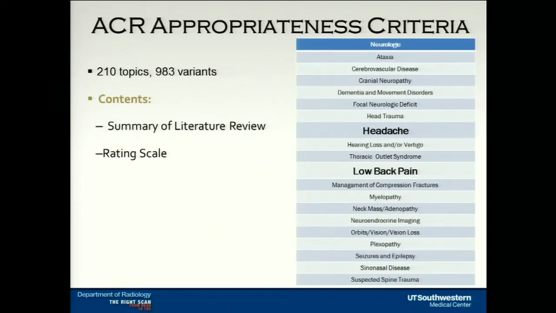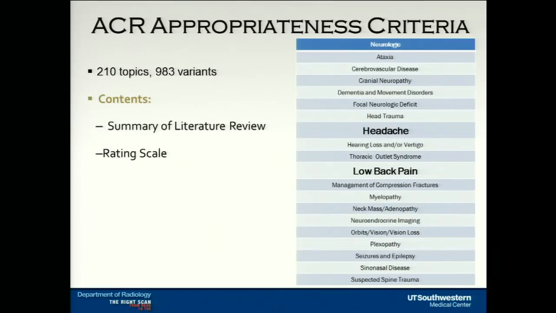The most current version of the ACR document has over 110 topics with short of 1,000 variants for imaging. So we see that for neurological imaging, we have approximately 20 topics, and headache and low back pain are two of them.